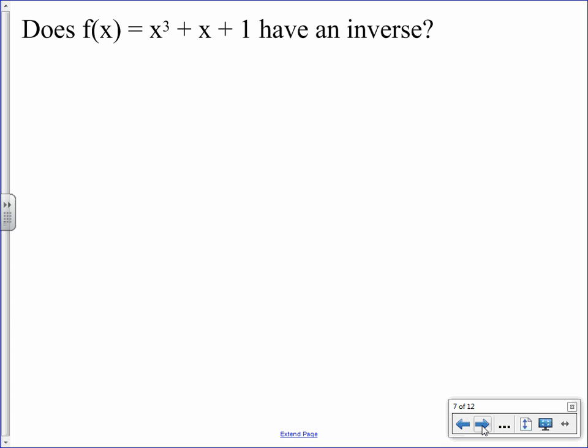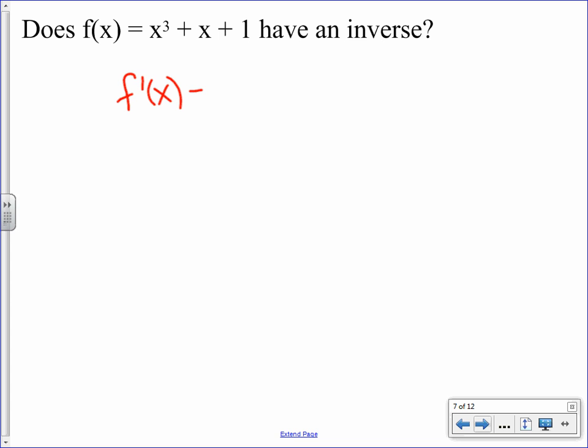Let's do this one. First of all, I want you to imagine switching the x and y's and solving for y in this example. Oh boy. Okay, so let's look at the derivative.